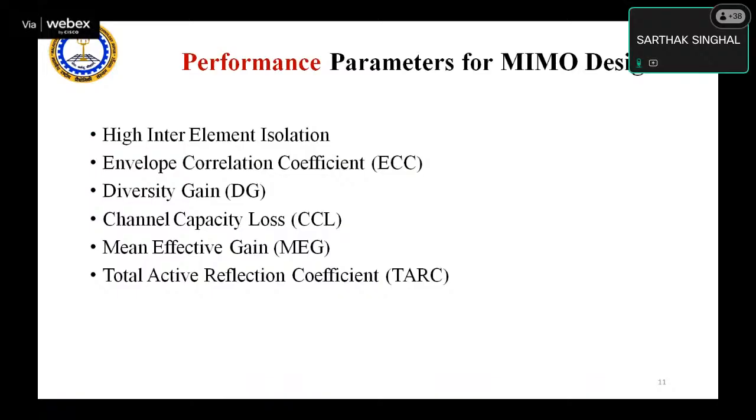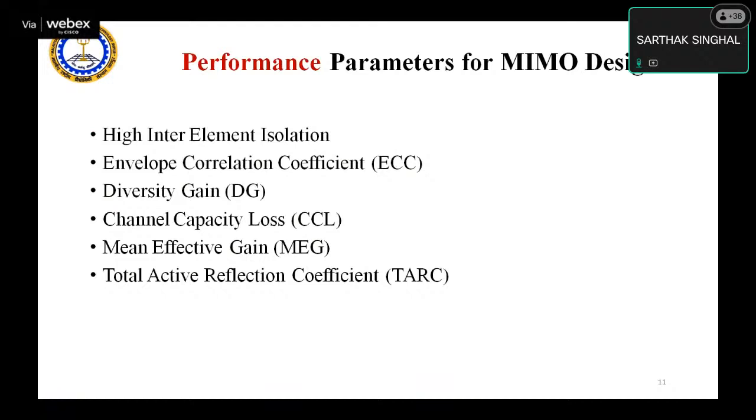In case of MIMO antenna, there are certain performance parameters. The isolation should be high so that the individual performance of all the elements of the MIMO antenna is not getting affected, and still we are getting higher data rate and low path losses and fading losses.